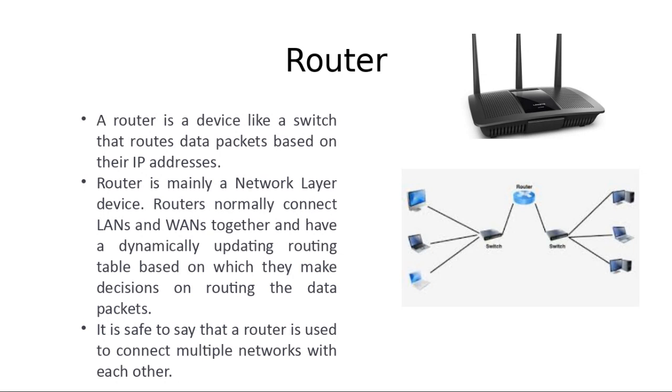Now, what is that routing table? Basically, it has a record of IP addresses of all the devices. So from where is the data coming to the router and which device is requesting that data? Based on their IP addresses, it is going to transfer the data to the device which is requesting. So hence it is safe to say that a router is used to connect multiple networks with each other.